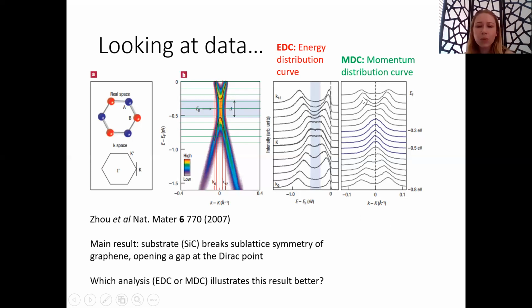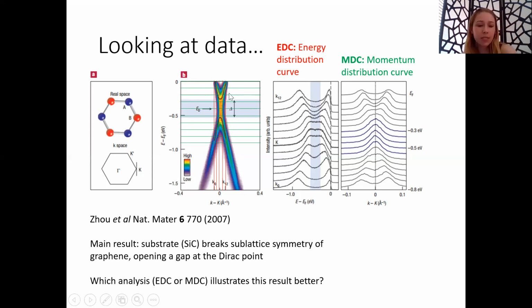If you just had a single crossing, you would have a single energy where there's one peak, and all the other energies would have two peaks. Instead, you have an extended energy range where you have one peak. This is the gap region where nominally there should be no states, but because of resolution and other factors, you do have states, and you can observe an MDC peak.